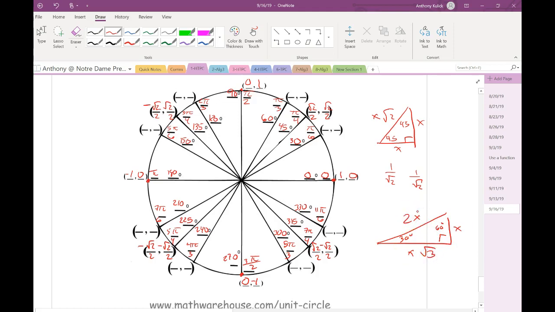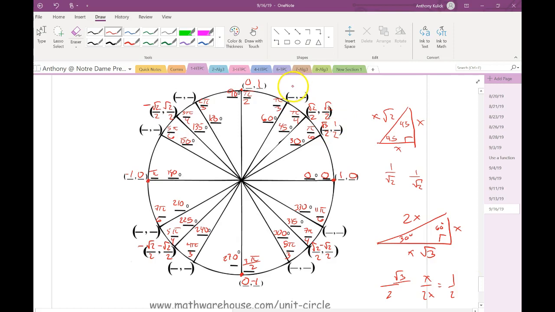For 30 degrees, cosine is x square root 3 over 2x, or just square root 3 over 2. And sine is x over 2x, or just 1/2.